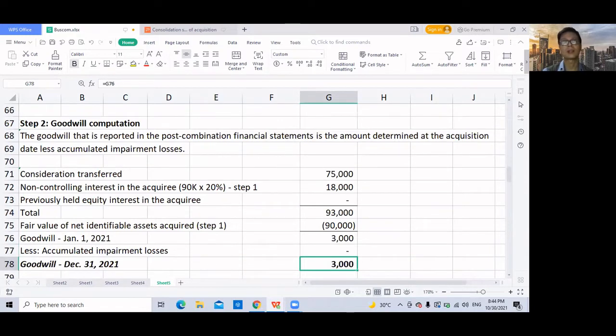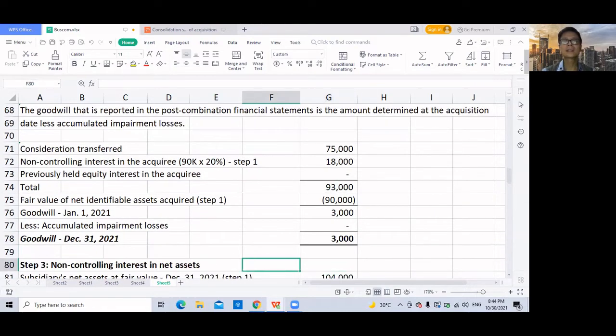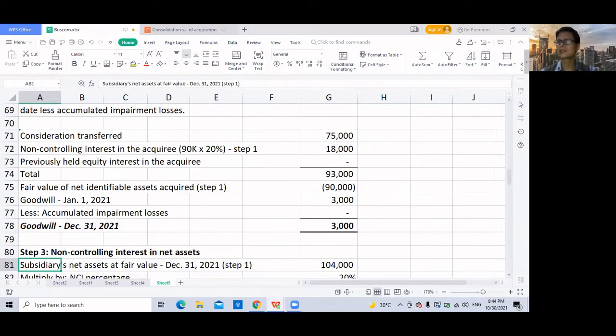So hindi naman na-impair yung goodwill during the year. So next is yung step 3. Step 3 is non-controlling interest in net assets. Take note of that. Mamaya isa-summarize natin yung mga steps. So we have subsidiary's net assets at fair value December 31, 2021.